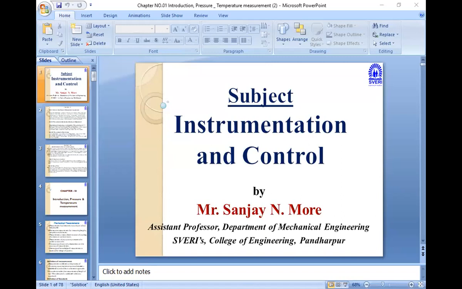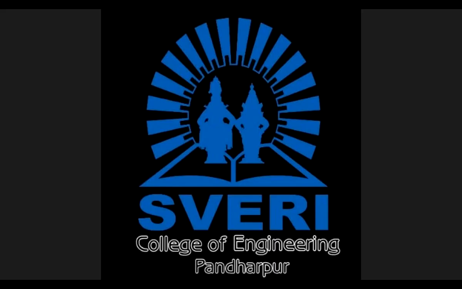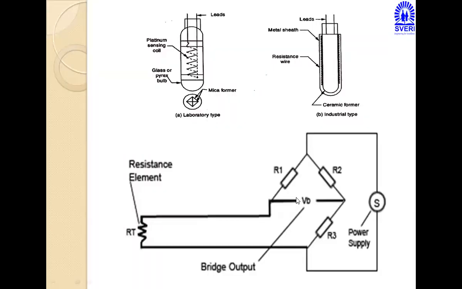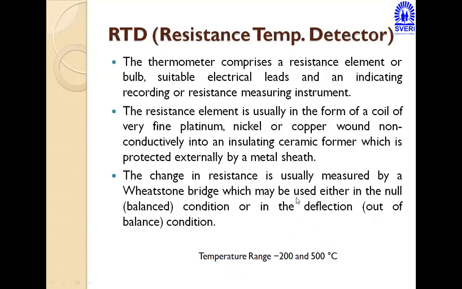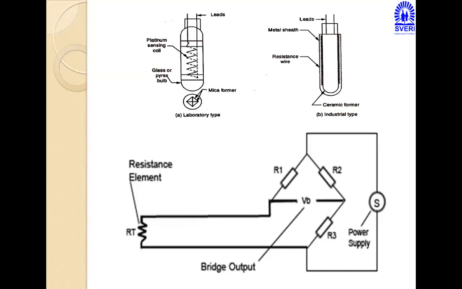Yes, sir, please change the slide. The screen is not visible, sir. Please check. Yes, now it is visible. So today we started the new point, which is the resistance temperature detector. Give the heading resistance temperature detector in bracket RTD, and draw this diagram.